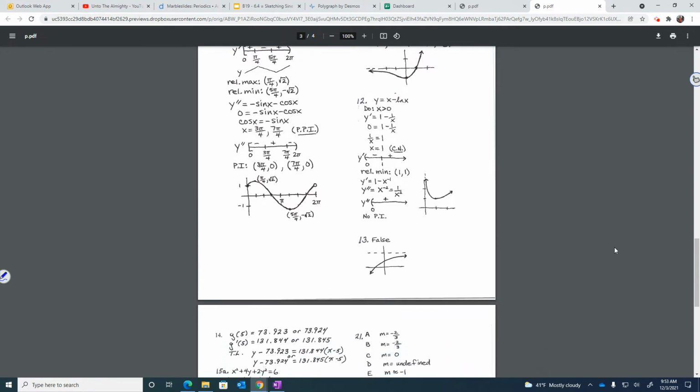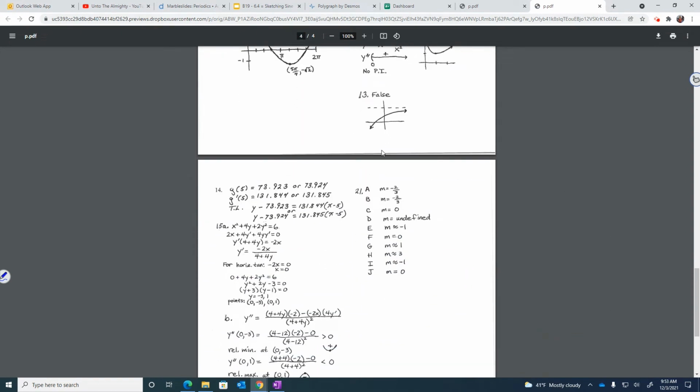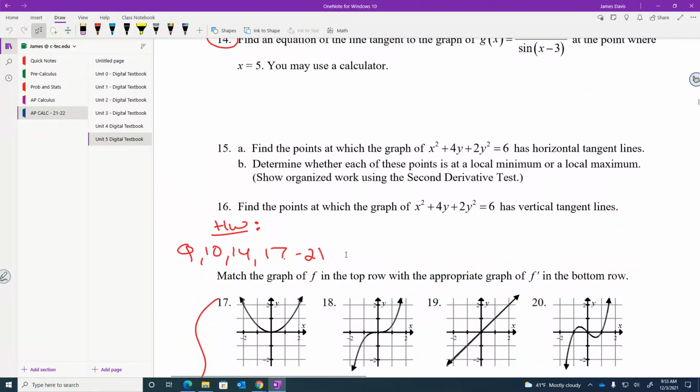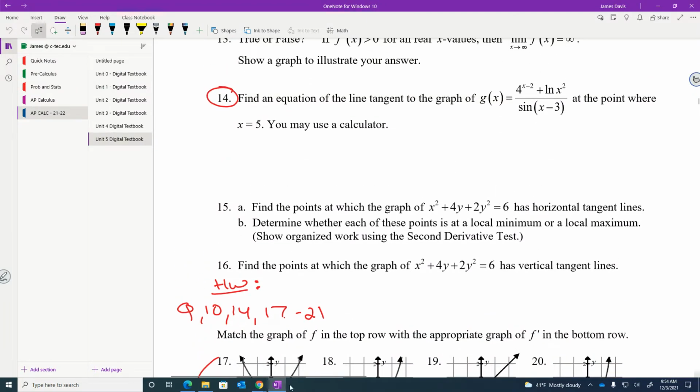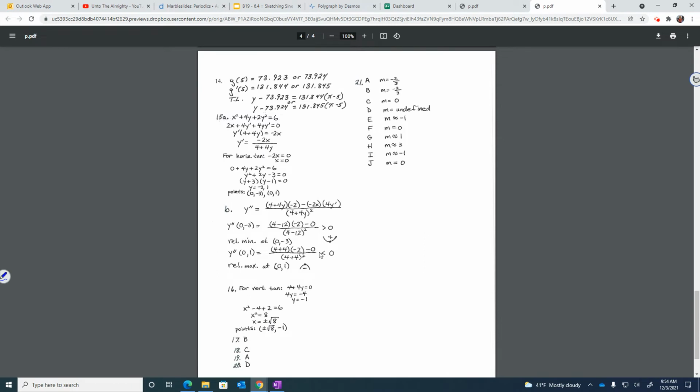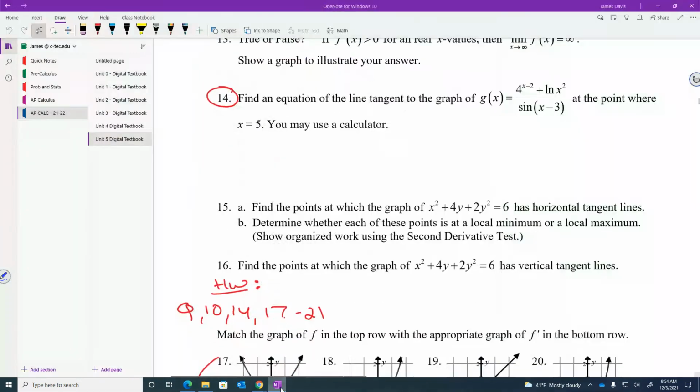All right, and then the other ones we had were 7, 14, 14, and then 17 and 21. So on 14, you were stuck on the tangent line one, is that what you said? Well, it's a calculator question, so we can do derivatives on our calculators.